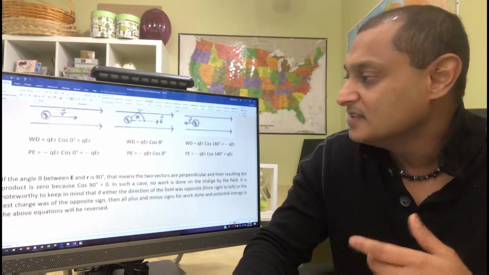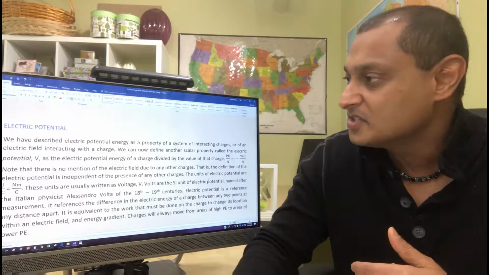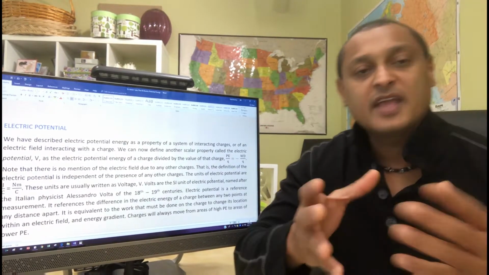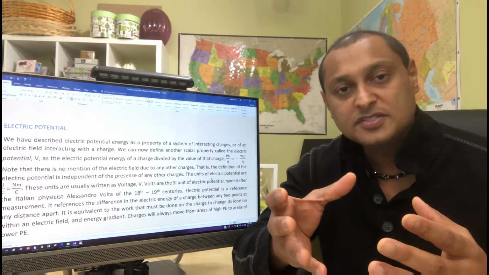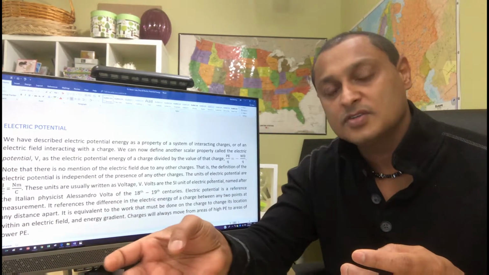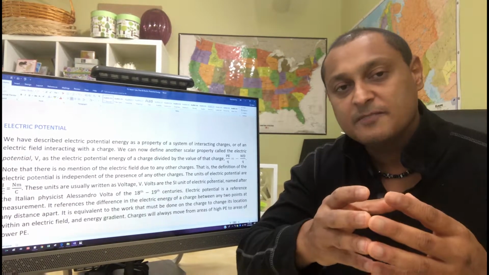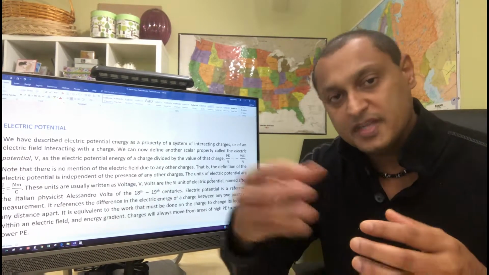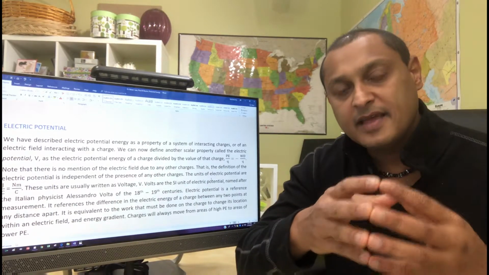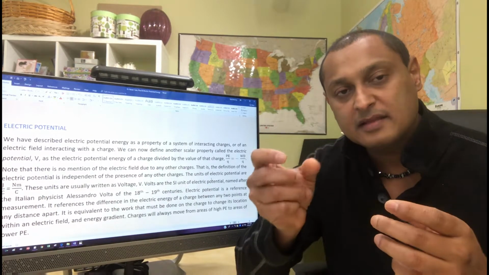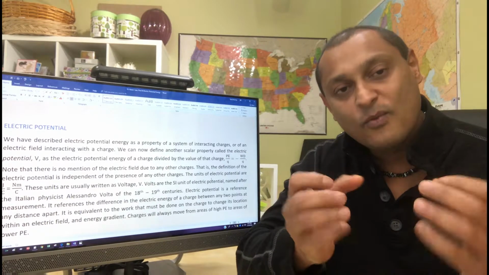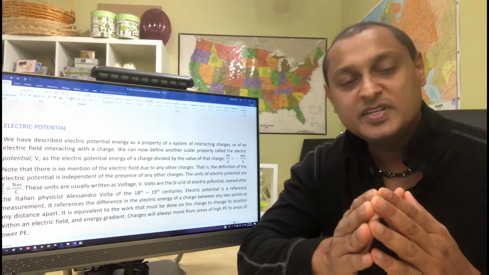We can also define something else out of the electric potential energy if we took the electric potential energy of a system, of a charge in an electric field due to another charge. Now, if we look at the work done, the electric potential energy of a particular charge in a field, and we divide the electric potential energy by the magnitude of the charge itself, well, that gives us potential.